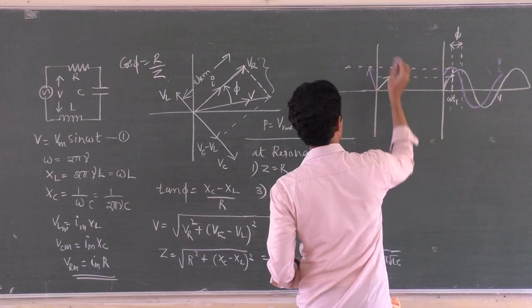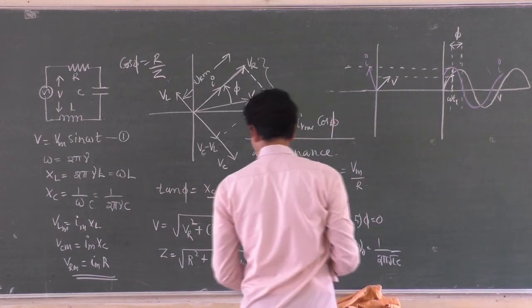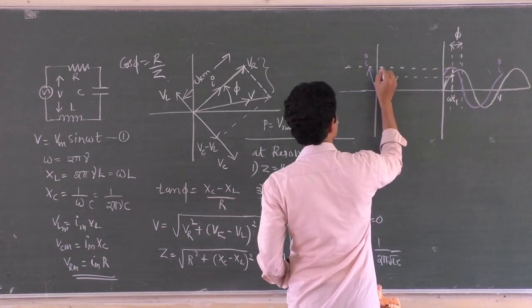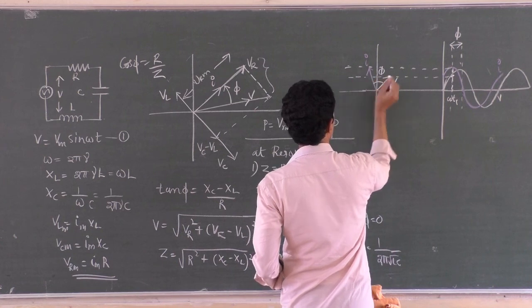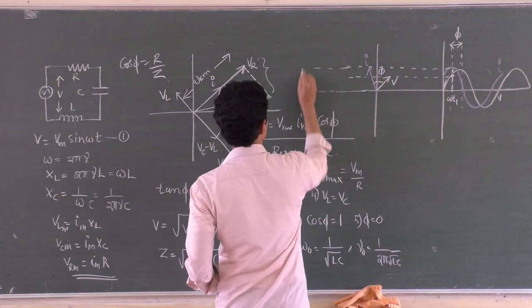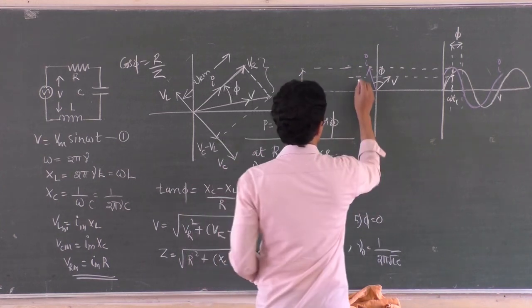But this time this angle is not 90 degrees. This angle is phi, and this height should be shown in different ways. This is Im. Okay, I will show this one.